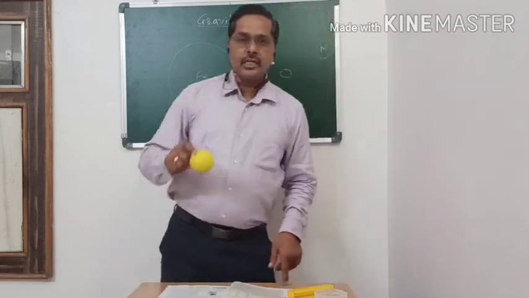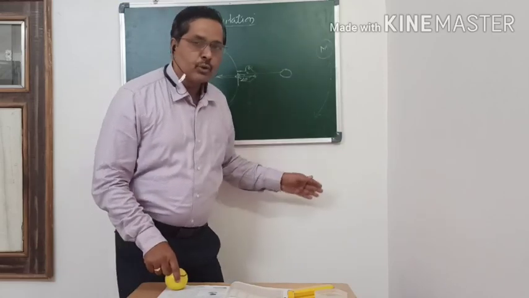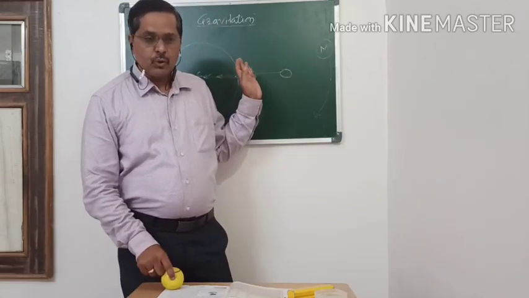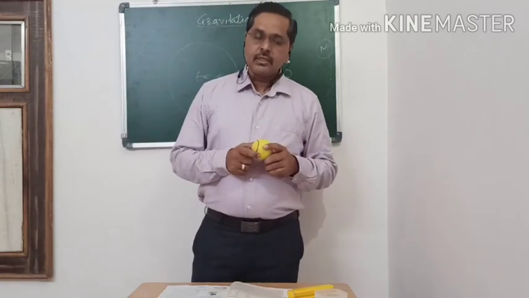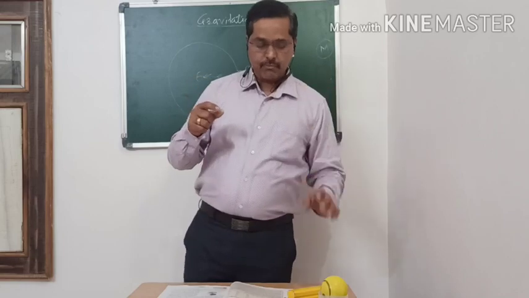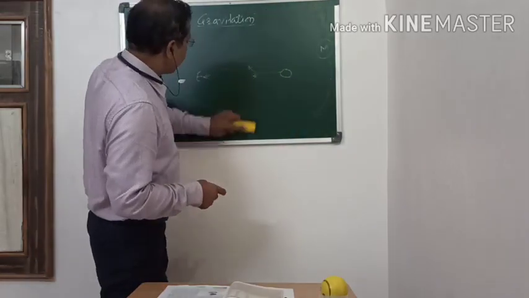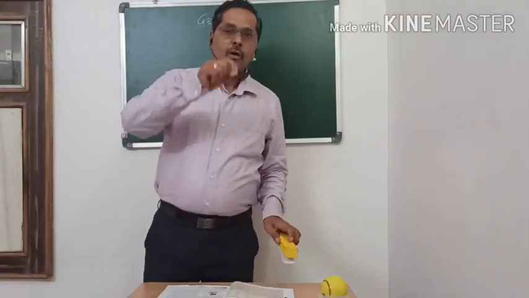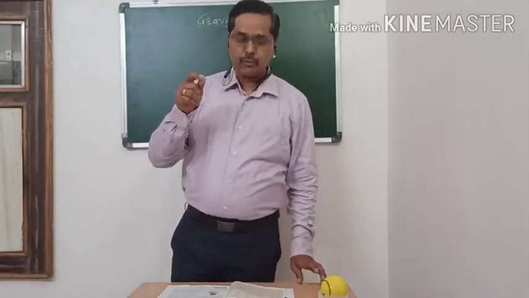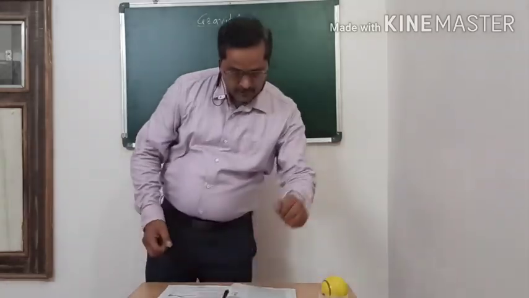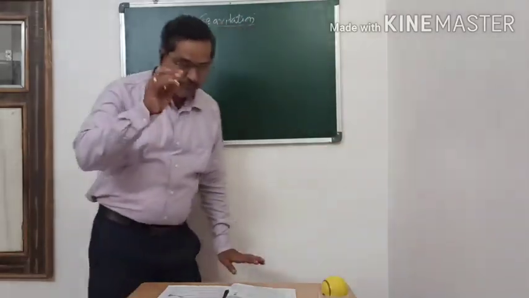So let us discuss the motion of the moon around the earth. Which type of motion is it? It is definitely circular, because the moon revolves around the earth in a particular orbit. So what is meant by circular motion? Let us see circular motion and centripetal force.